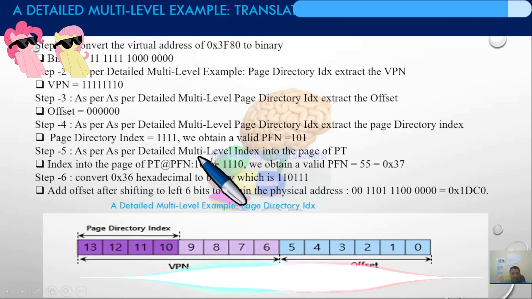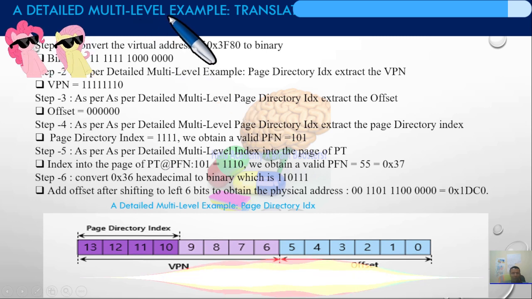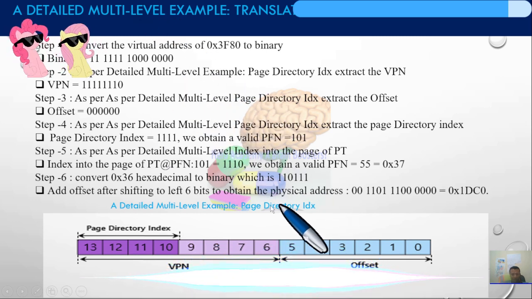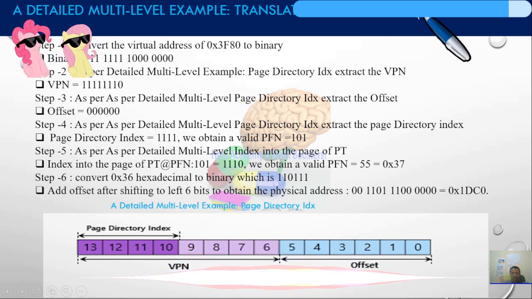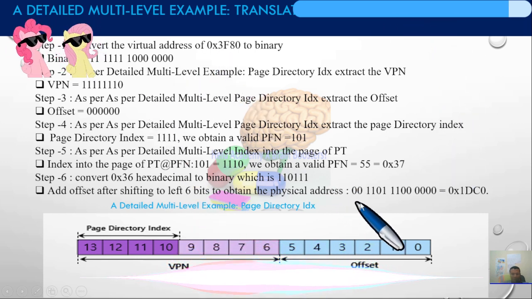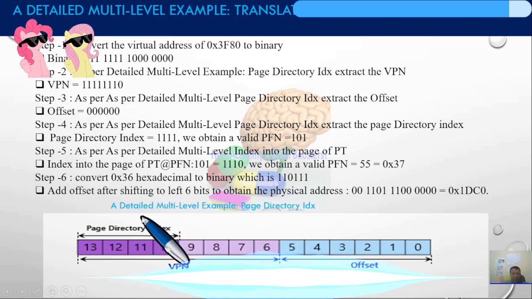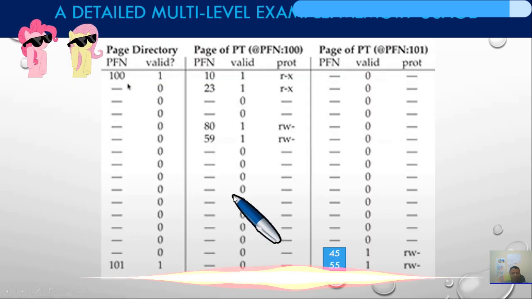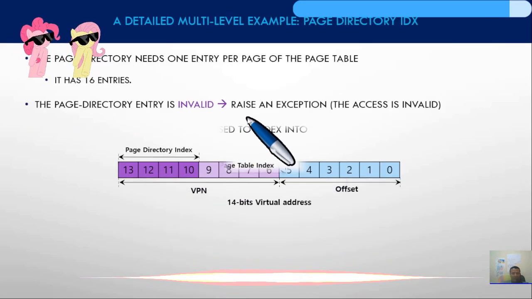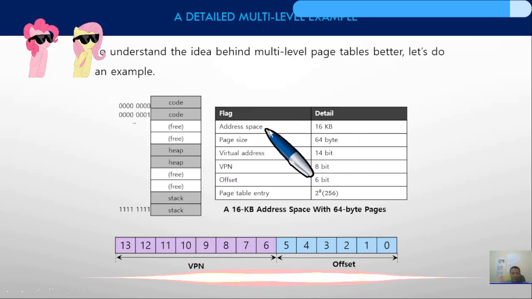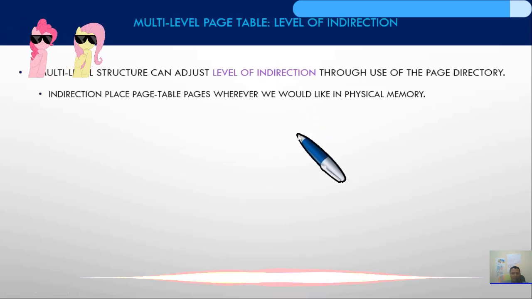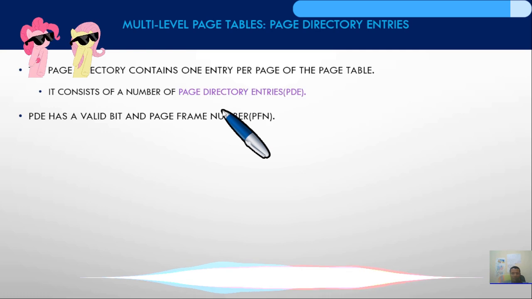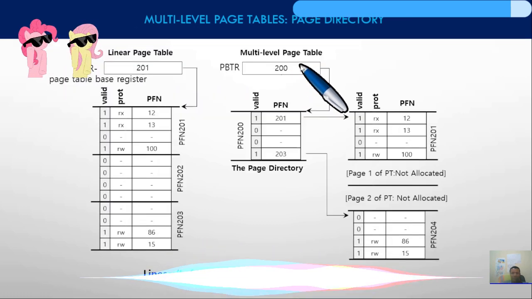We have seen a detailed example of how the multi-level table works, the virtual address and physical address translation. The advantages and disadvantages of linear page tables were also discussed, along with page table entries.